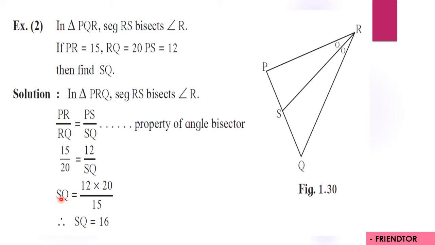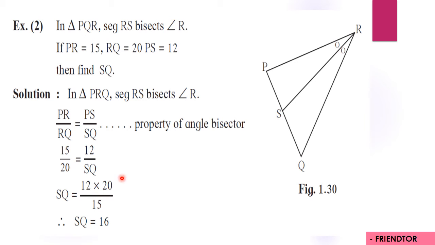Therefore, SQ is equal to 12 into 20 upon 15. If I divide 15 and 20 by 5, I get 3 in the denominator and 4 in the numerator. Now cancelling 3 and 12, 3 1s are 3, 3 4s are 12, so 4 into 4 is 16. So SQ is 16. It's a very simple calculation, you should try it yourself.